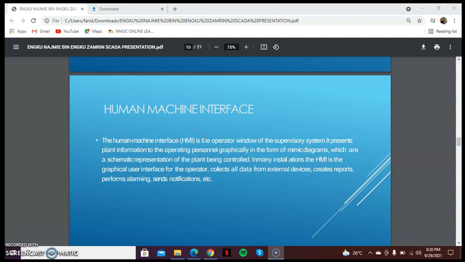In many installations, the HMI is the graphic user interface for the operator. It collects all data from the external devices, creates reports, performs alarms, sends notifications, and many more.